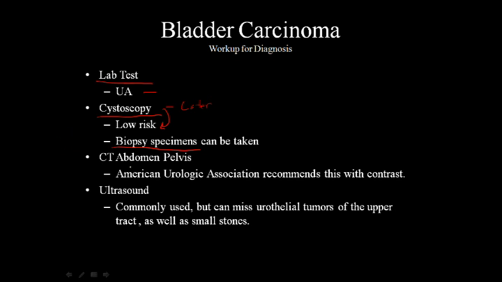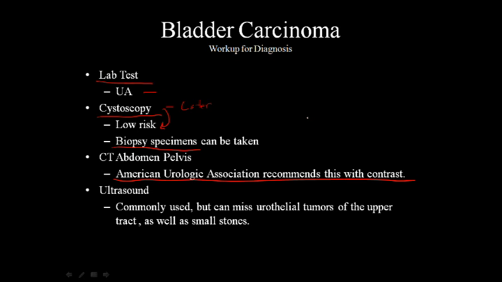Also, another thing that can be utilized is CT abdomen pelvis. This is really what is favored, and the American Urological Association recommends that this be performed with contrast. We'll find out in a second why, but if you don't have it with contrast, things have a tendency to blend in together.